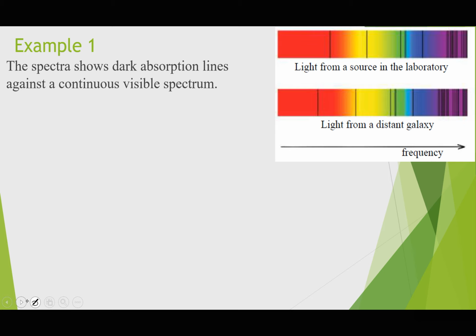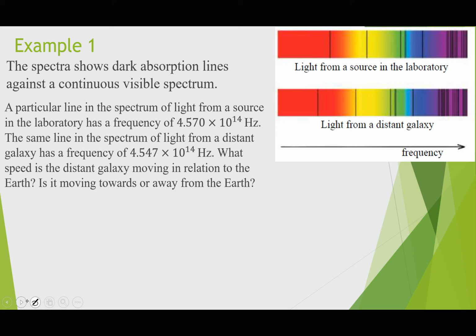So we have dark lines on a visible spectrum, that is a range of 7 colors as shown in that diagram. A particular line in the spectrum of light from a source in the laboratory has a frequency of this. So this is in the laboratory. The same line in the spectrum of light from a distant galaxy, so this is from a distant galaxy, has this frequency here.